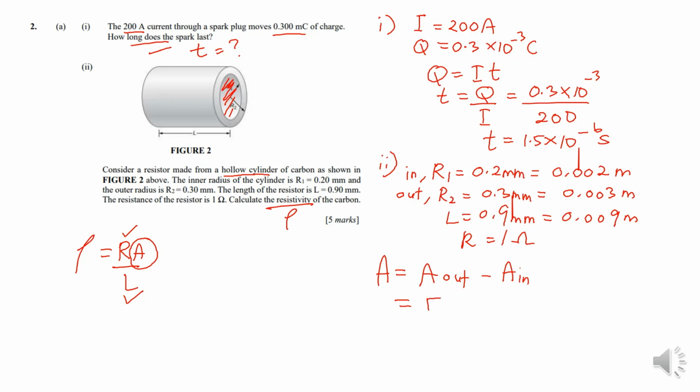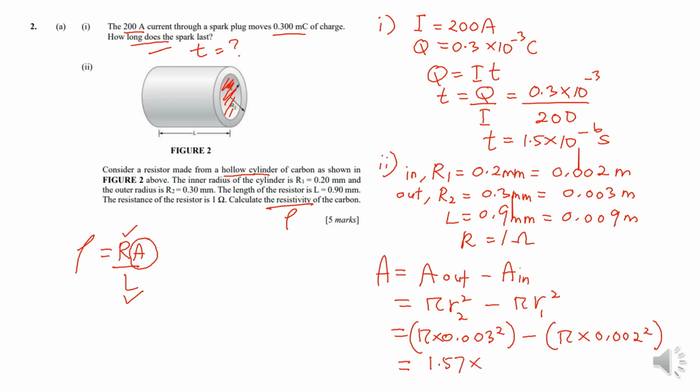So kita gunalah pi r squared. Outer is R2, inner is R1. R2 is 0.003 squared. Jangan lupa prosedur, pi times 0.002 squared. So dapatlah area dia 1.577 times 10 to the power of negative 7 meter squared. Okay, ini area yang kita nak.